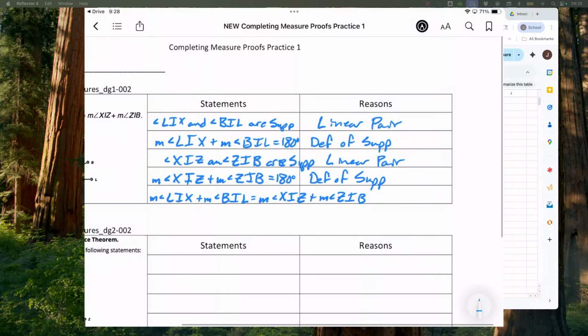And since we took the whole side of those equations and set them equal to each other because they were both equal to 180 degrees, that's transitive.